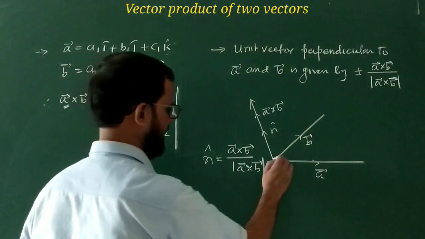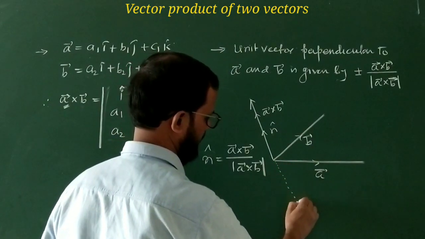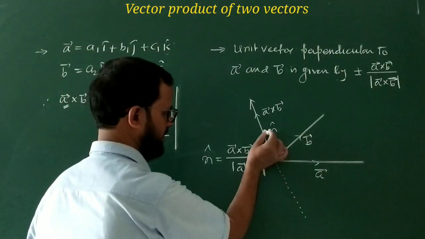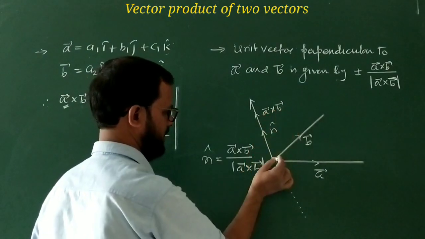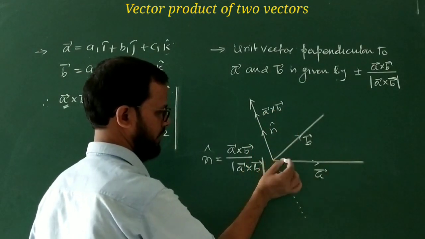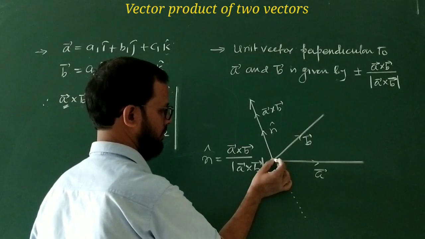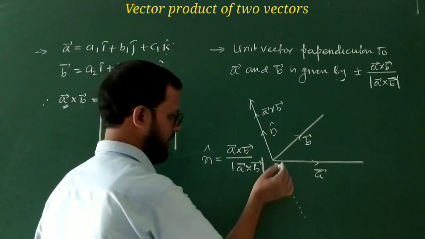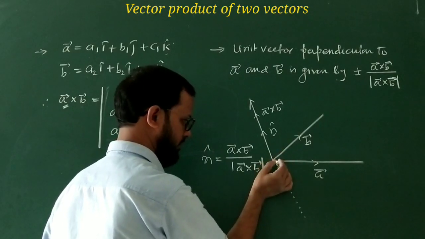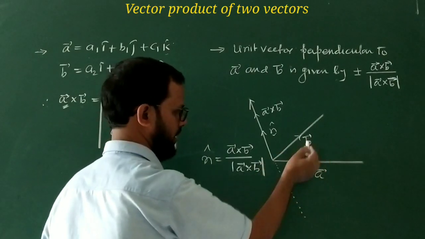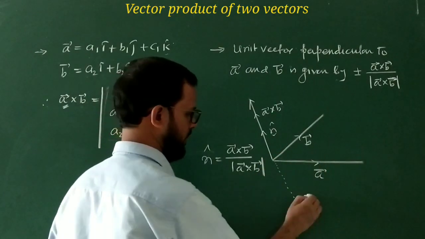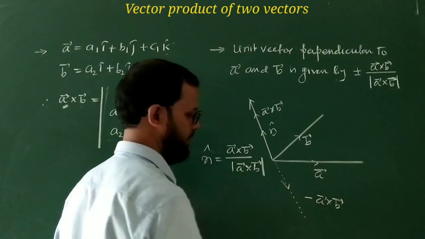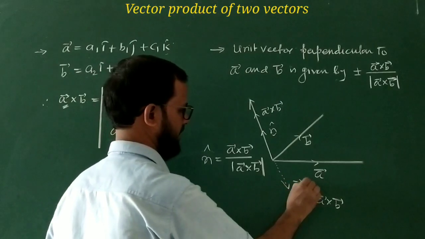And there is another unit vector. If A cross B is in this direction, perpendicular, then n cap is along it, and in the opposite direction there will be a vector which is perpendicular to A vector and B vector, which is minus A cross B. And in this direction there is a unit vector minus n cap.